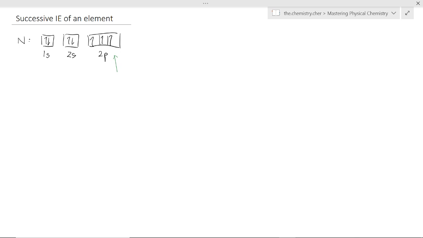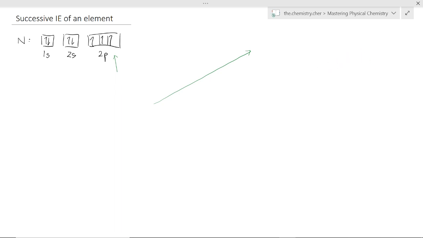So let's get started. What we need to know is that the trend, unlike the ionization energies of successive elements, is constantly increasing without any dips at all. Because in the IE of successive elements, you do have certain exceptions, certain dips that you can figure out in other videos.